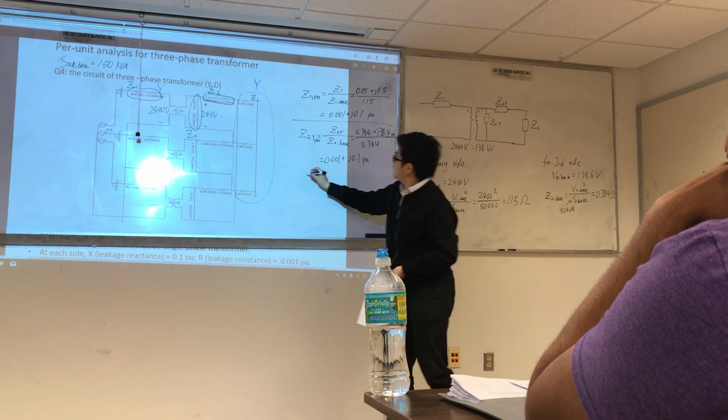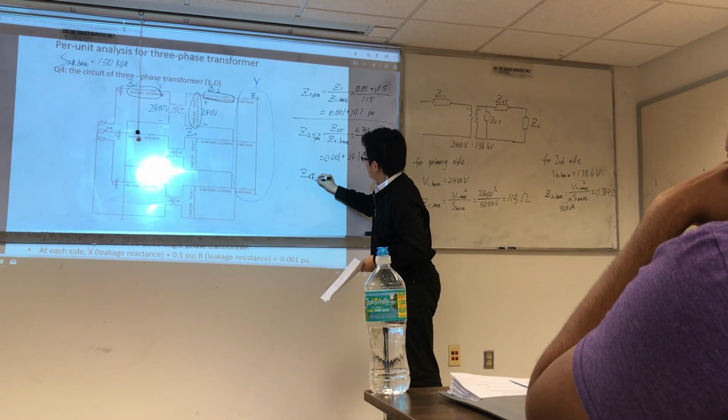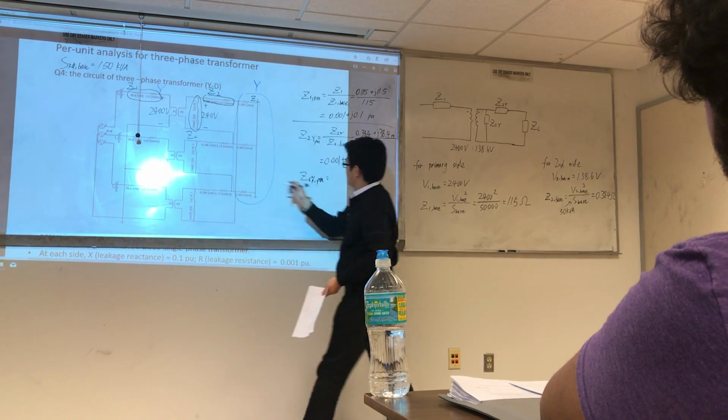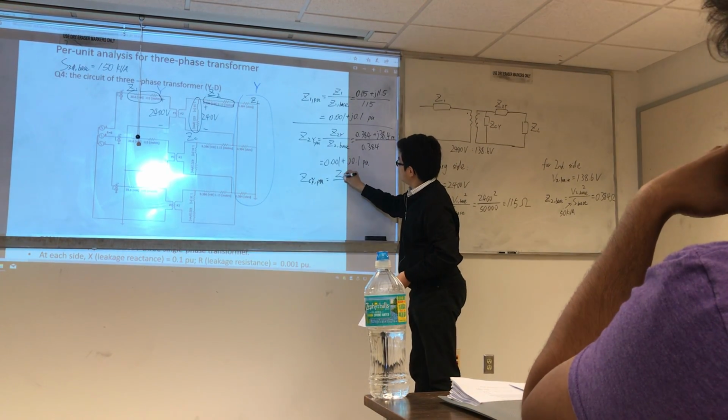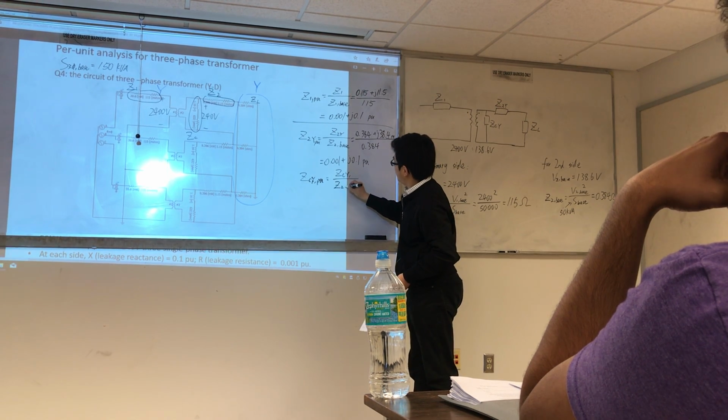The same thing we need to do for ZCY per unit. This CY is the middle part. So ZCY divided by Z2 base.